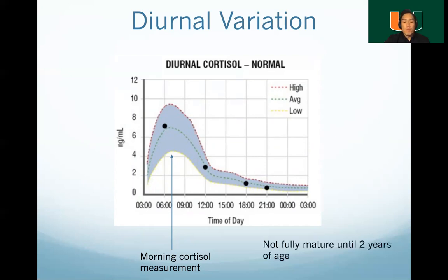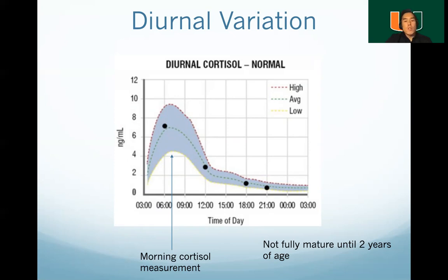However, this diurnal variation is not mature until 2 years of age, right? So as you remember, every time we did a consultation in the NICU, it's very difficult for us to comment on a cortisol level in newborns, especially preterm infants, right? So we don't know when is the peak. It doesn't happen yet.